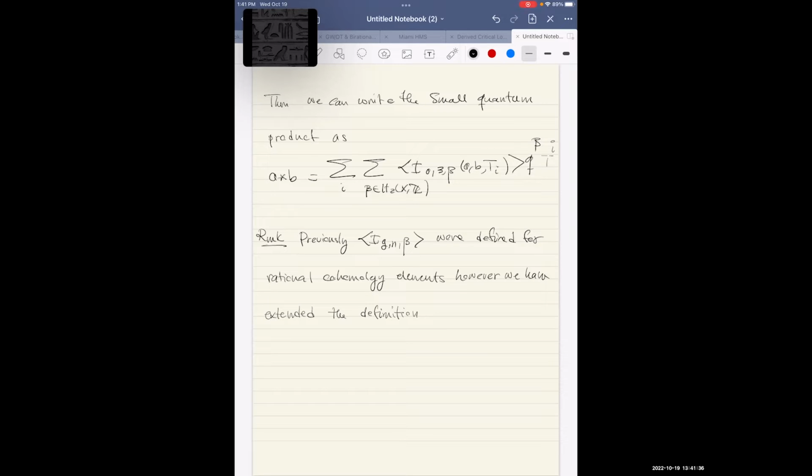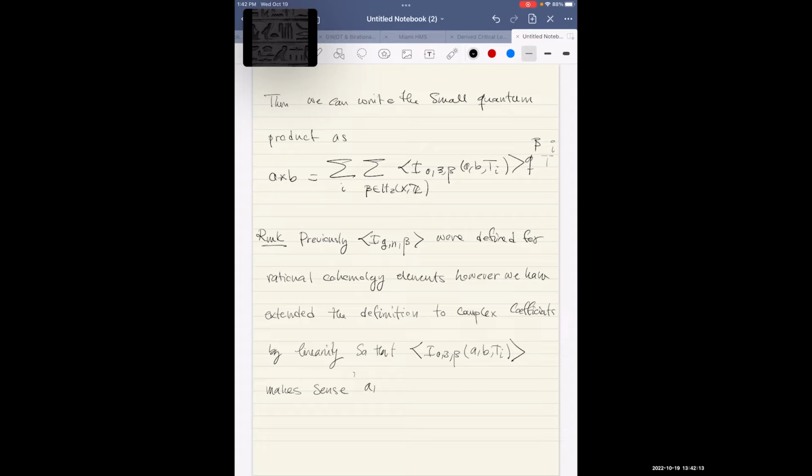So the definition is extended to complex coefficients by linearity, so that I0,3,beta of A, B, and T_i, this number makes sense even for cohomology classes with complex coefficients.